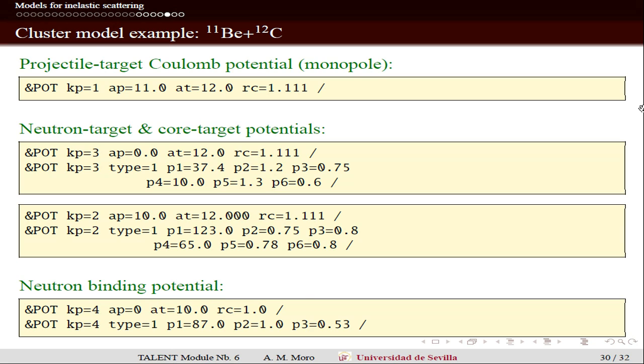And this is done here with this additional potential. So this Kp equal 4 will be the potential between the neutron and beryllium-10. In this case, this is just a Woods-Saxon potential with no spin orbit, but we could use something more complicated than that, of course. So we have to define all these potentials.